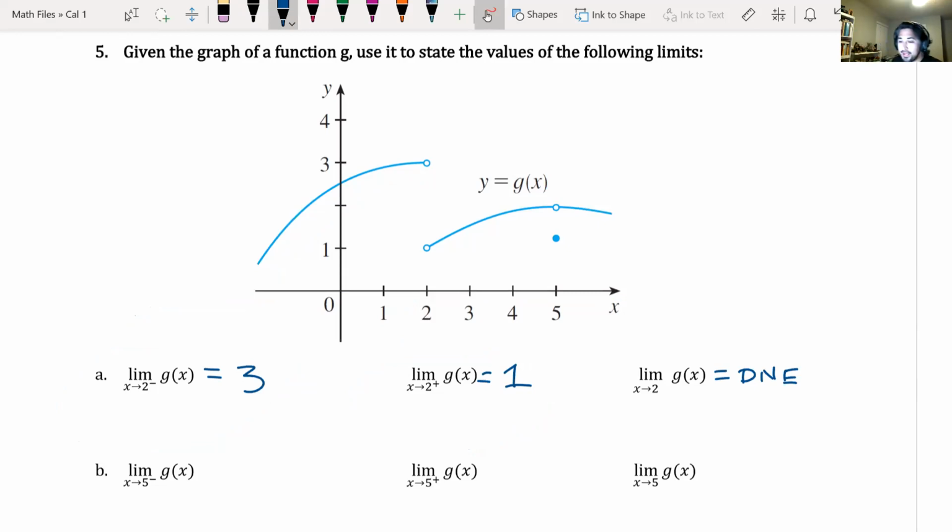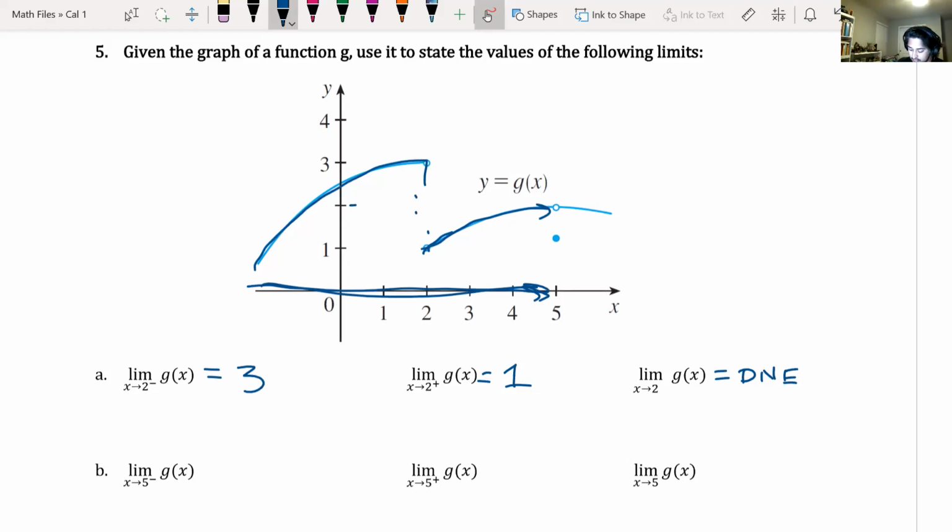Okay, and last set. As x approaches 5 from the left, y has to go here, drop down here, and keep going. So as we approach 5 from the left, y is getting closer and closer to what number? 2.